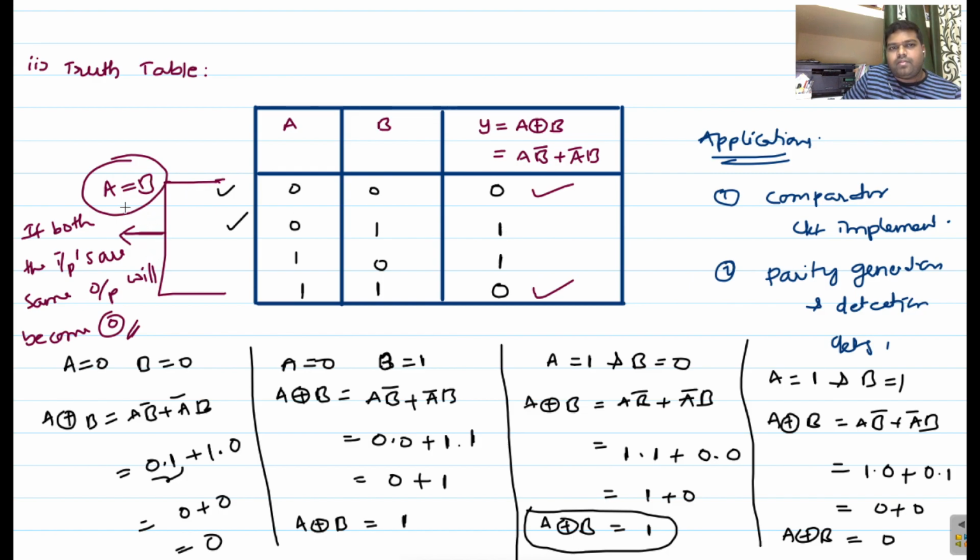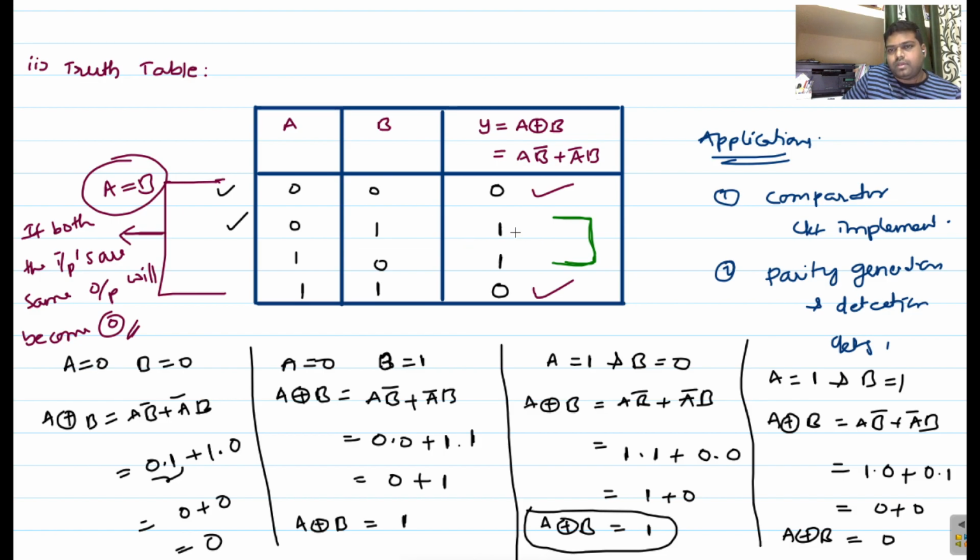This is the A equals B condition, right? When A equals B, the output will become 0. And if you observe these two conditions, if A is equal to 0 and B is equal to 1, then the output will become 1. And if you change the inputs, A is equal to 1, B is equal to 0, then also the output will become 1.